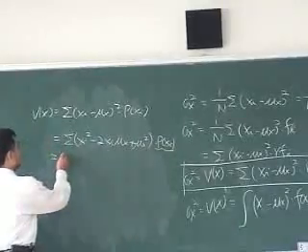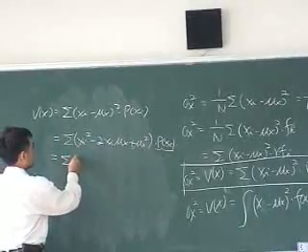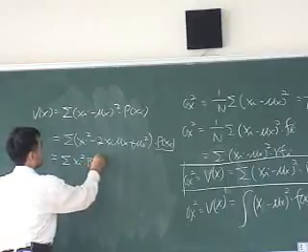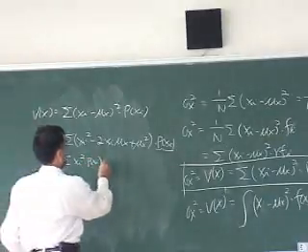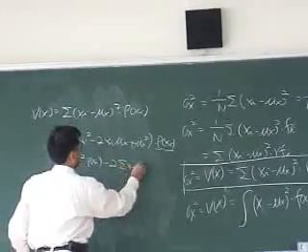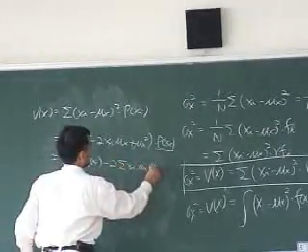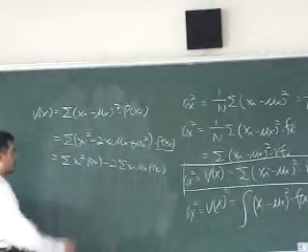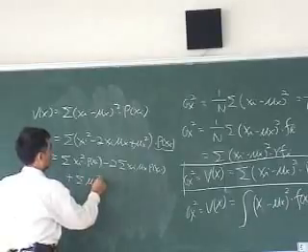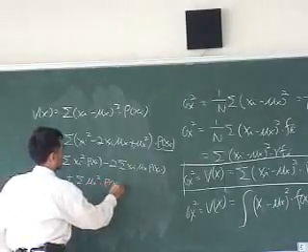So it is going to be summation xi squared times p(xi), and then minus 2 summation xi mu x p(xi), and then plus summation mu x squared p(xi).